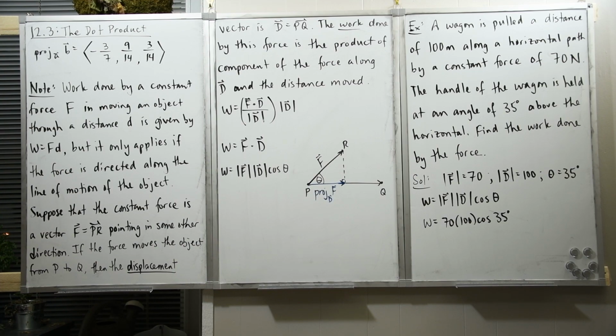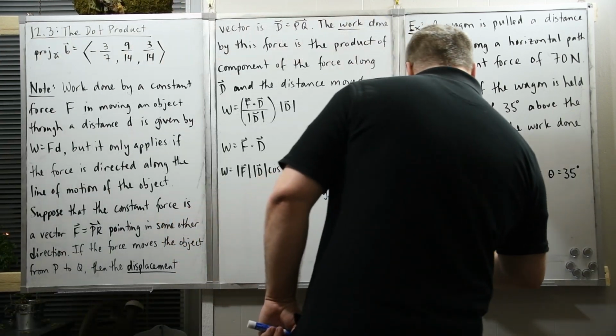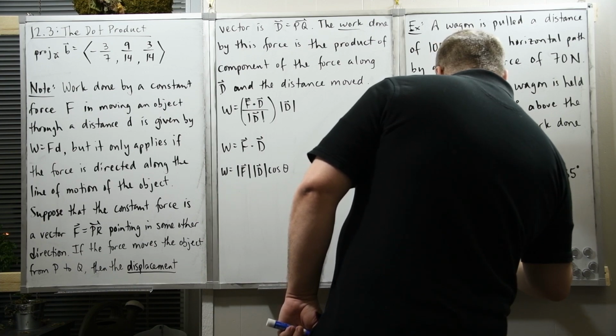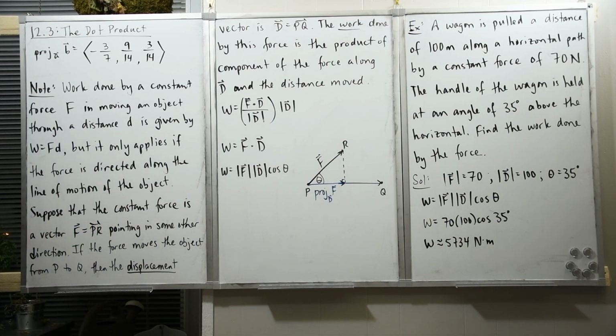For the cosine of 35 degrees, you're going to want some sort of approximation, but you take 70 times 100, and that's going to give you 7,000. You take 7,000 times cosine 35 degrees, and that's approximately 5,734. Units: Newton meters, or joules. So you can write it either way.